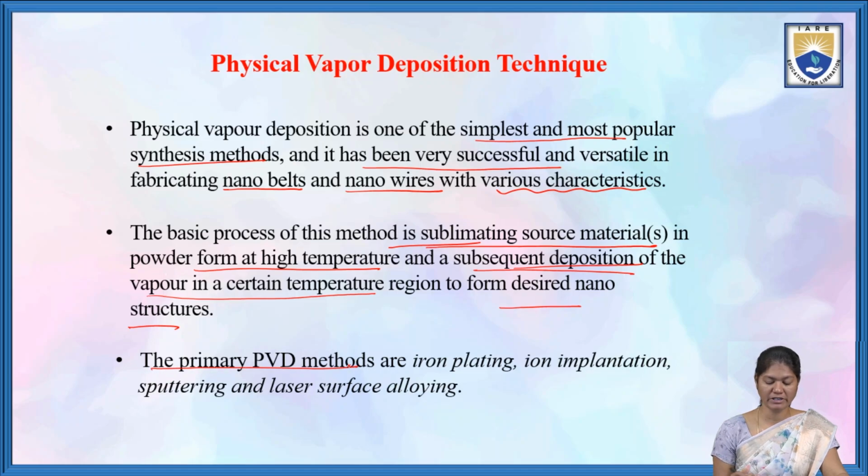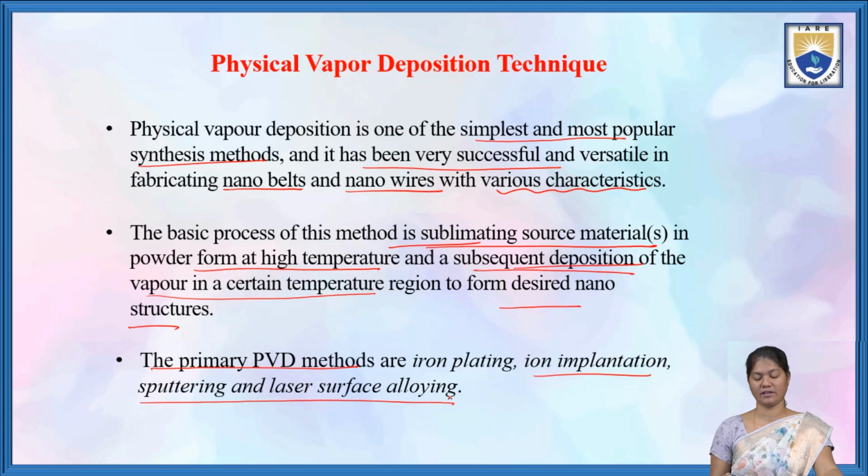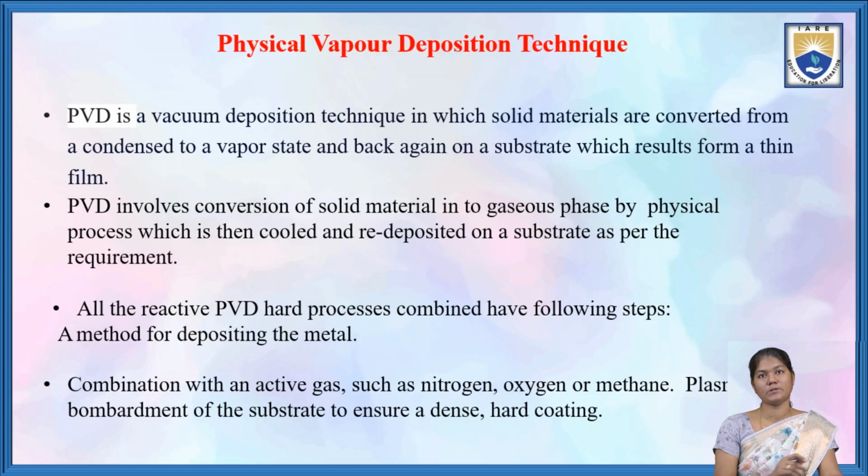The primary PVD methods are ion plating, ion implantation, sputtering, and laser surface alloying. Physical vapor deposition is a vacuum deposition technique in which solid materials are converted from a condensed to a vapor state and back again onto a substrate, which results in a thin film.